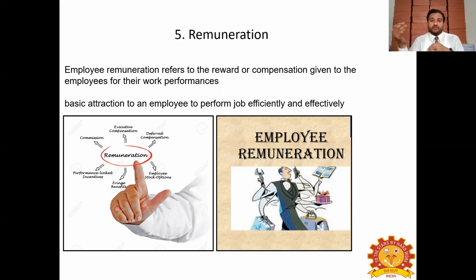If I get a new customer to buy a fridge in our organization, and the fridge costs 50,000, I may be given a 10% commission on the sale. It may be 2%, it may be 1%, etc. These kinds of benefits given to the staff members, that is, employees of an organization, are called remuneration. That acts as diesel to run an engine effectively.